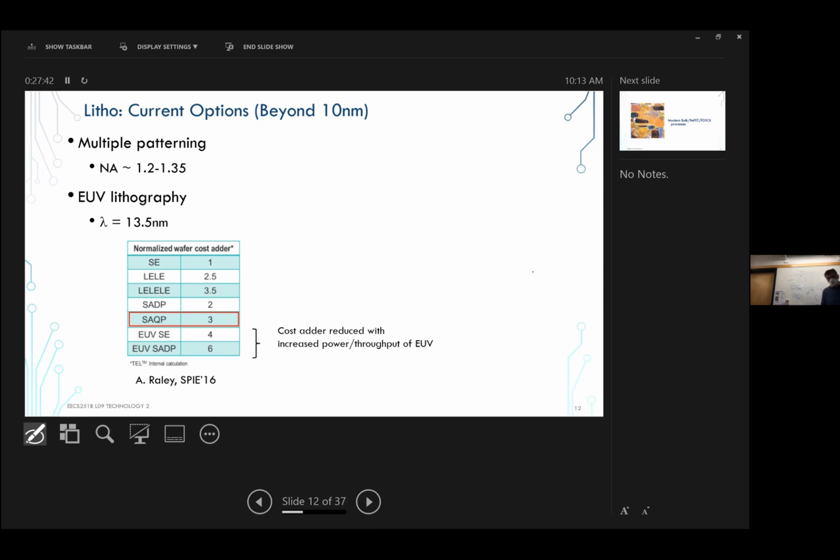I think that number was corrected to about 3. And from that point, it will beat out quadruple patterning. So whatever needs to be quadruple patterned will be voted off the island, self-aligned double patterning will stay, and EUV will replace the other.